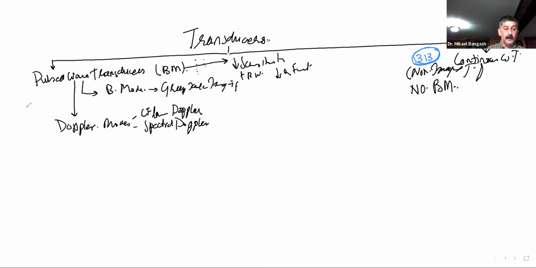Now, these transducers that we call pulsed wave, we could also refer to them as imaging transducers, mainly when we use them in plain imaging mode, that is your B mode. Did you guys get that?